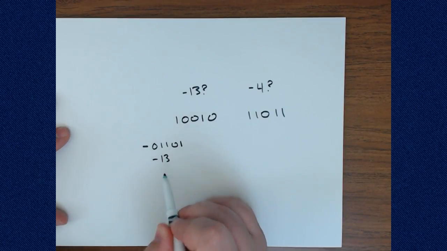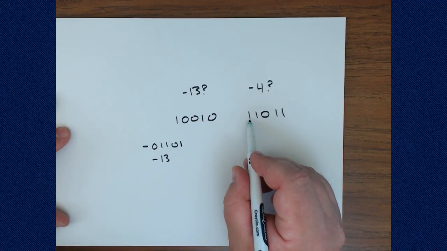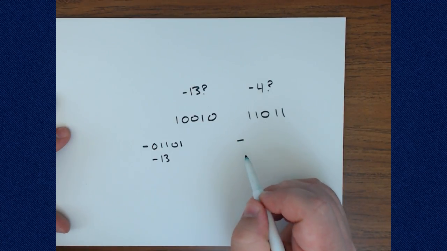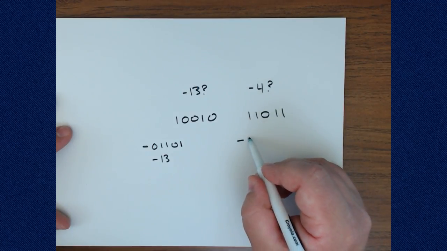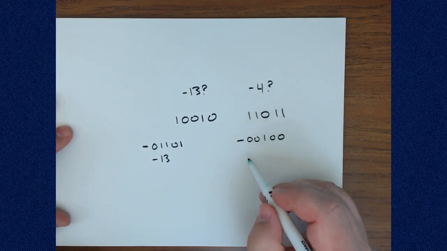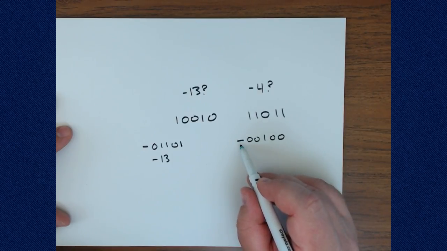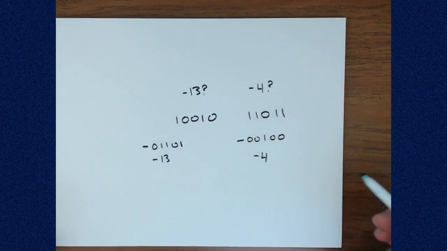So negative 13. Great. Negative 4. Here's a 1, so we know this is negative. We'll write the negative symbol. And then we'll do 1's complement negation here, flipping all the bits to get 0, 0, 1, 0, 0. And now this appears to be negative 4. So that worked out just fine.